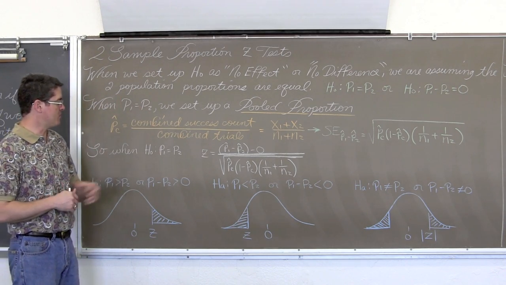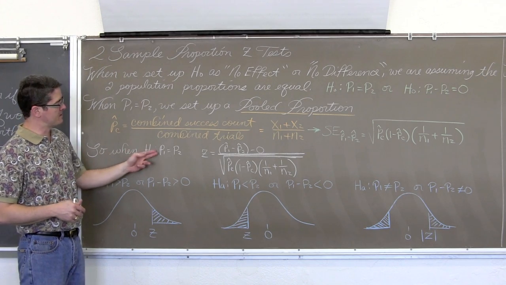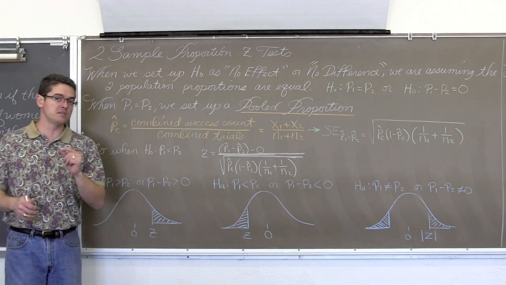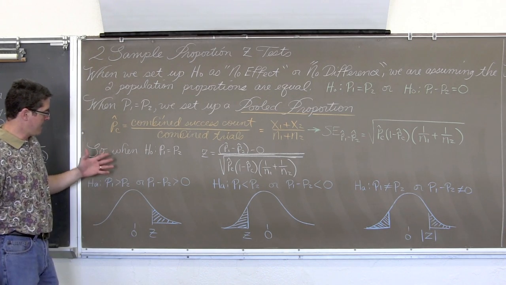So when your H sub O statement is P1 equals P2, this is what your z-score formula is going to look like. Again, only z-scores with proportions.